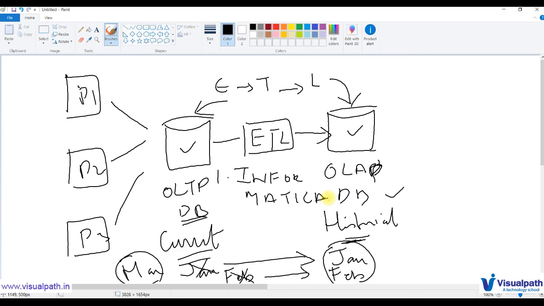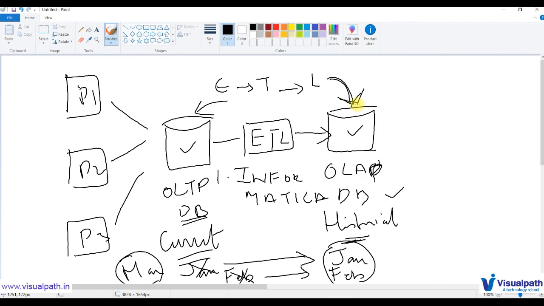Finally, after loading the data, I'm having my historical data in my OLAP database, and as I said earlier, who needs this data? Your upper level people, that means higher hierarchy people like your CEOs, vice presidents, directors. But in general, CEOs or vice presidents may be aged around 65 to 70, or it may be anything. At the same time, it's not mandatory that these directors or vice presidents should have the technical knowledge.